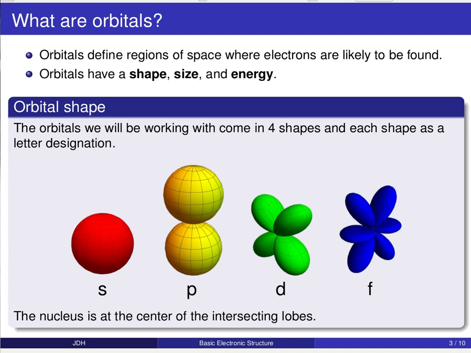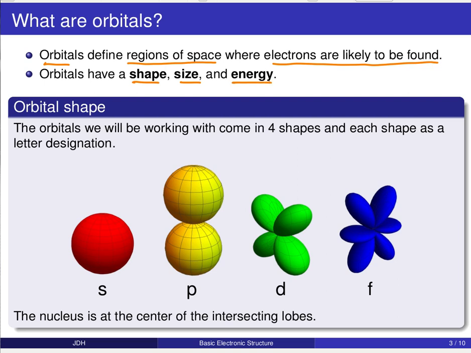And that's the definition that I want us to move forward with in this introductory lecture. I want to define orbitals as these regions of space where electrons are likely to be found. There's a bunch of different types of orbitals, and each orbital has a definite shape, size, and energy.